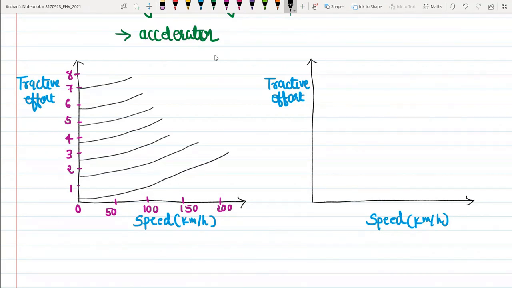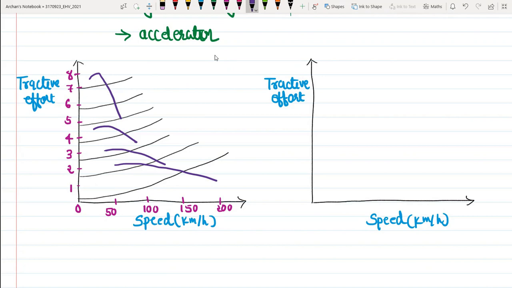Like this, right? And if we consider the first gear, then we will have these characteristics. This is for the first gear. If we consider the second gear, then we will have this kind of characteristics. If we consider the third gear, then the characteristic would be like this. And for fourth gear, this would be the characteristics. So these are the different characteristics.